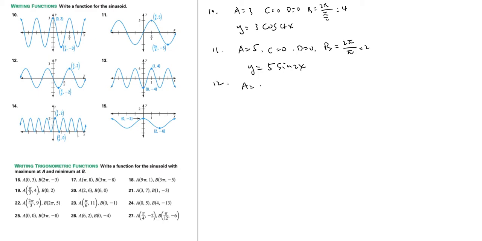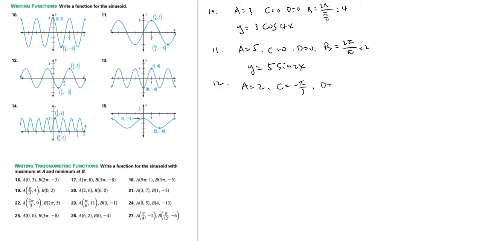Okay, question 12. The amplitude A is going up to 2 and down to negative 2, so A is equal to 2. Now we can use sine for this case. It's going to shift, so C is going to be negative pi over 3 because it shifts to the right by pi over 3.